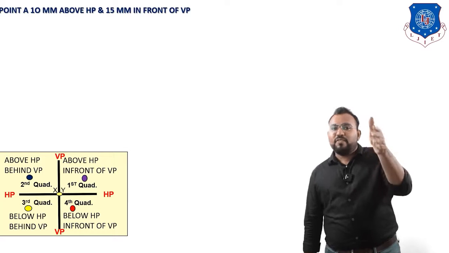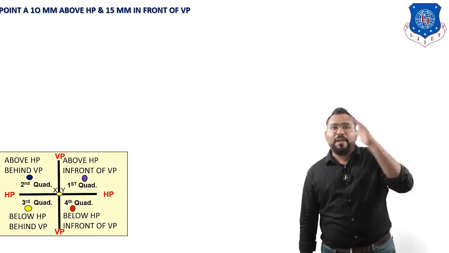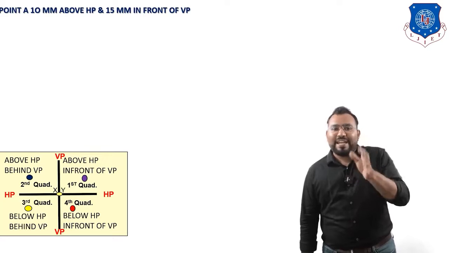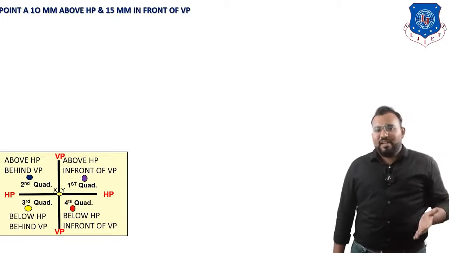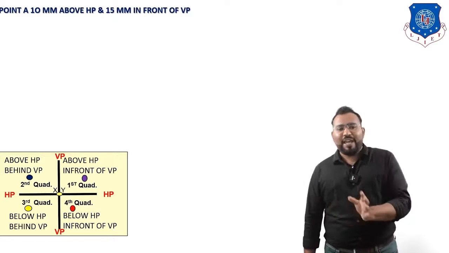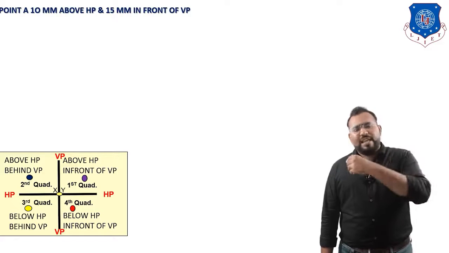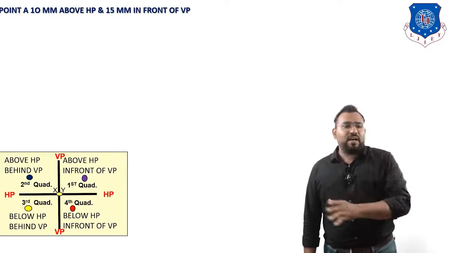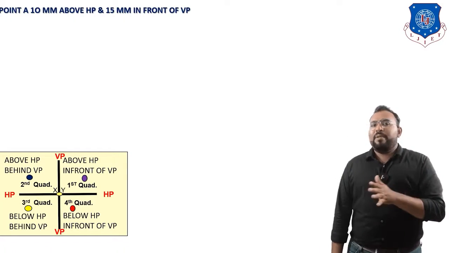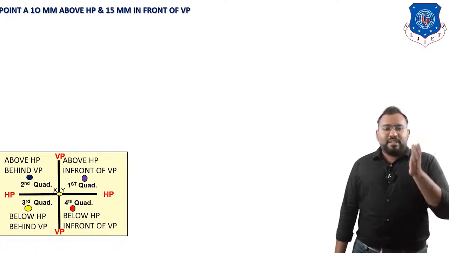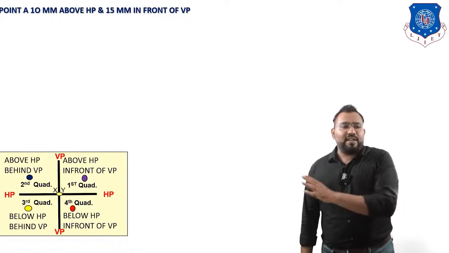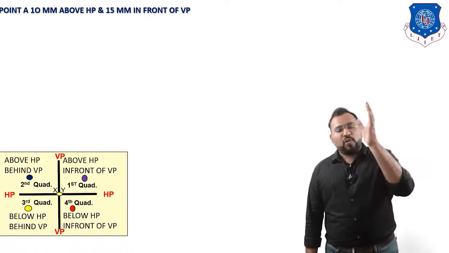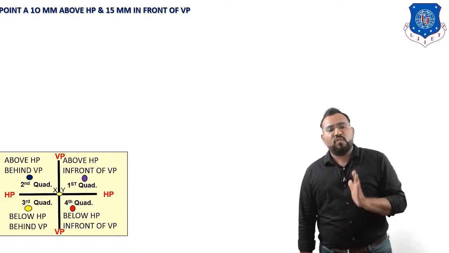By seeing this figure I can say that above HP, in front of VP means this point A is in first quadrant. He will give you any sentence, any positions, but by just reading the statement, you must have the ability to identify which quadrant the given point is in. So by reading this statement, I got to know that this point is in first quadrant.